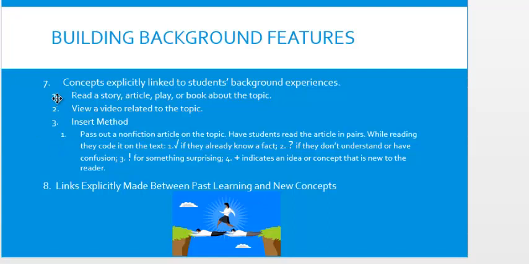And so some ways to do that are to level the playing field for them on background experiences by, before you get into the topic, spinning your anticipatory set, maybe reading a picture book, a nonfiction article, maybe having them act out a small play, or read a book that's dealing with the topic.